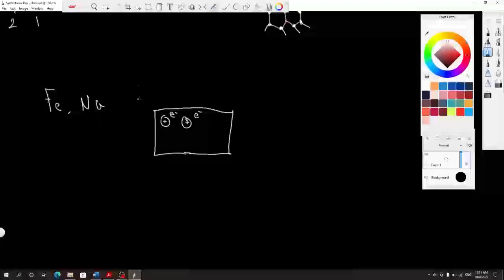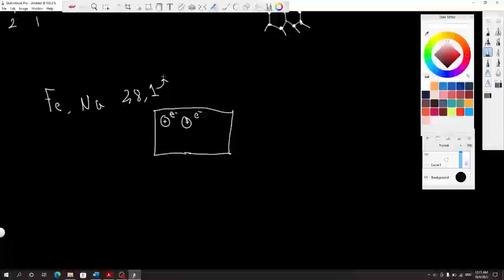Sodium has the configuration of 2, 8, 1. Okay, this one electron is not exactly happy to be in the atom. All right, the attraction force between the nucleus and this electron is very weak, so it can get loose very easily.